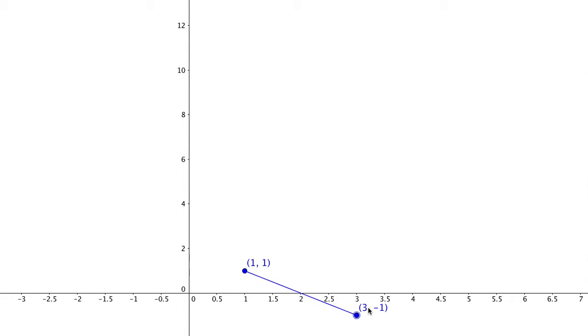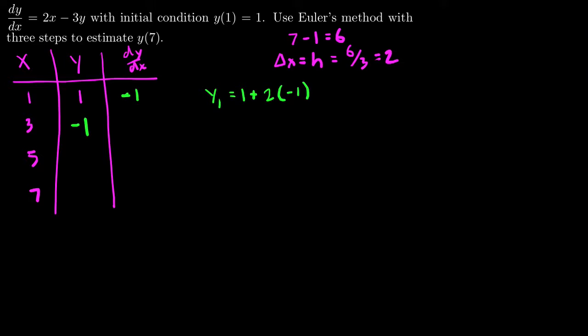And you might think, okay, this looks fine so far, but here's where things get bad. So I follow the same process. 2x minus 3y, well, that's going to be 6 minus negative 3, which is going to give me 9.